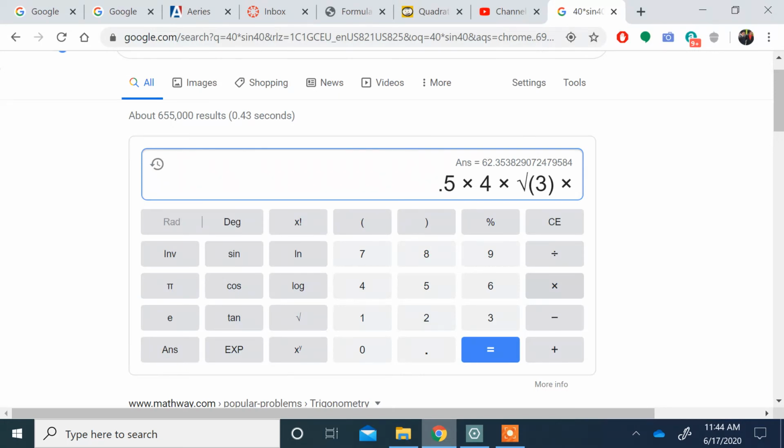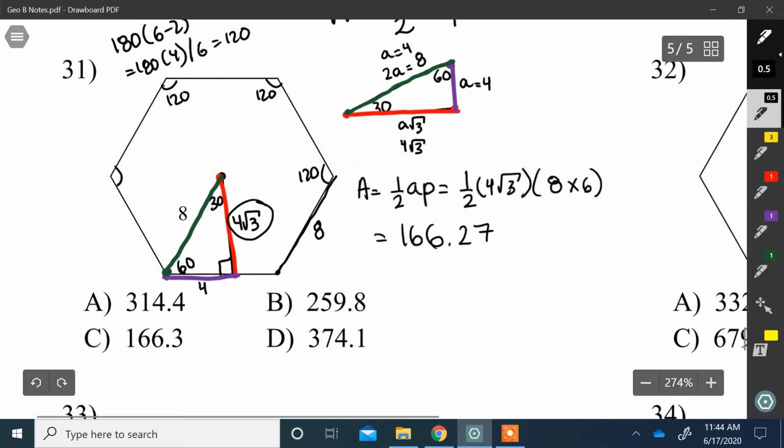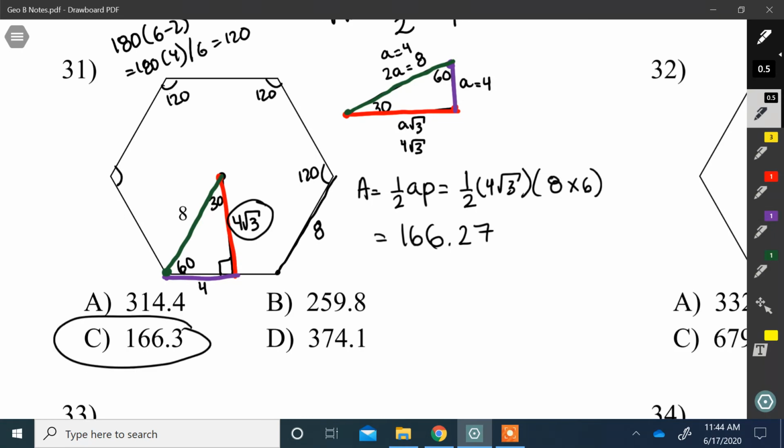Well, we already know that 8 times 6 is 48. We get 166.27, or 166. Which translates to this right here.